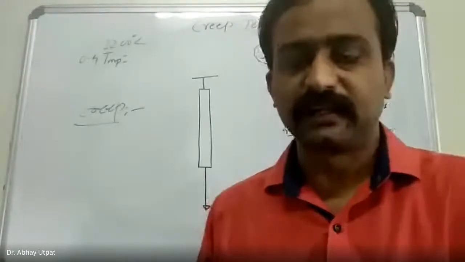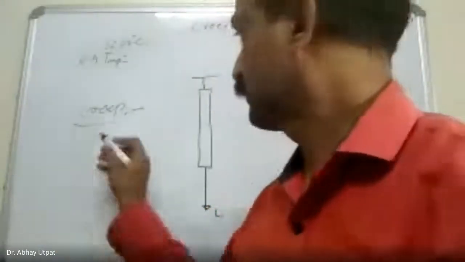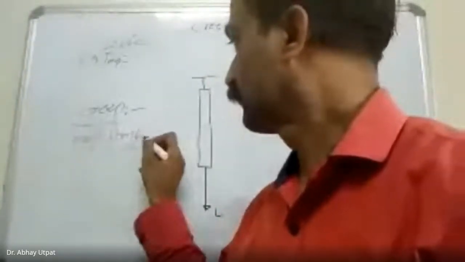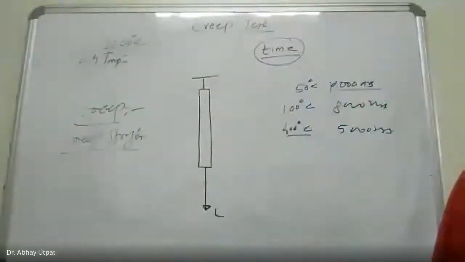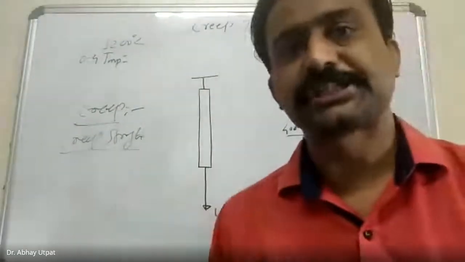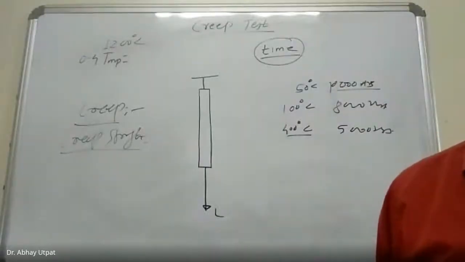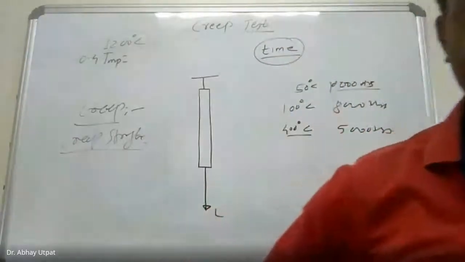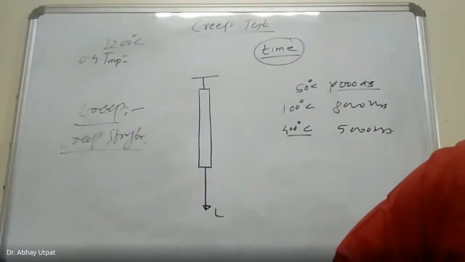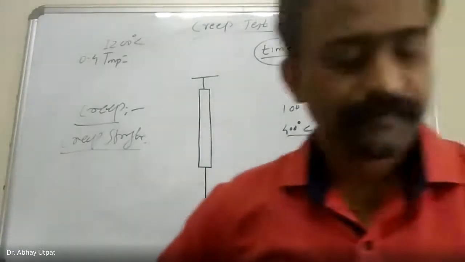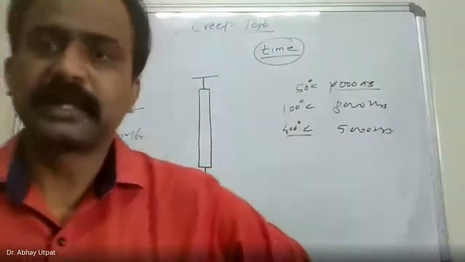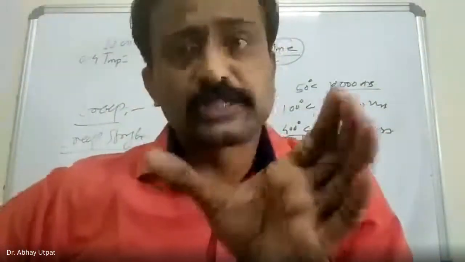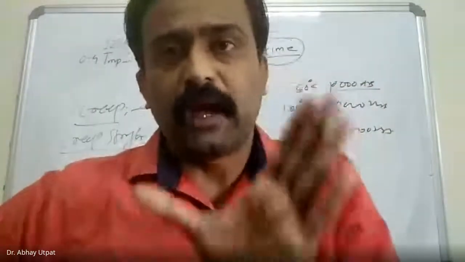Next line, creep strength. Write down: highest stress that material can withstand for specific length of time. 6 months I have to wait, 8 months, 3 months.